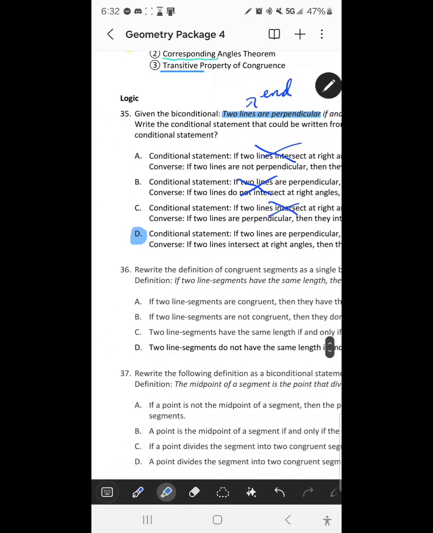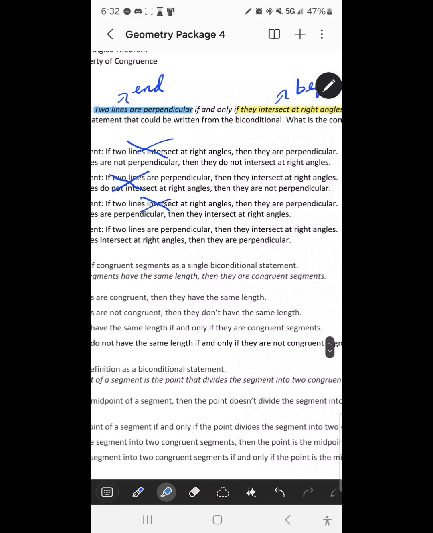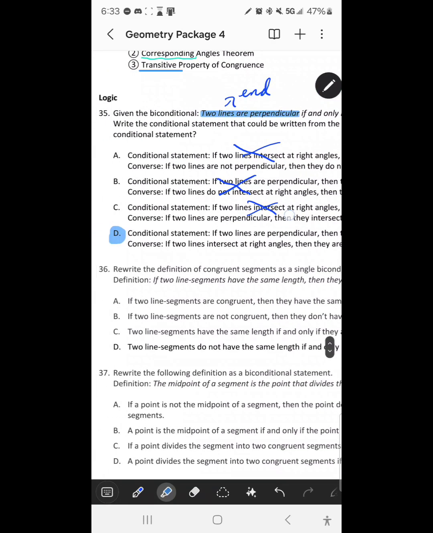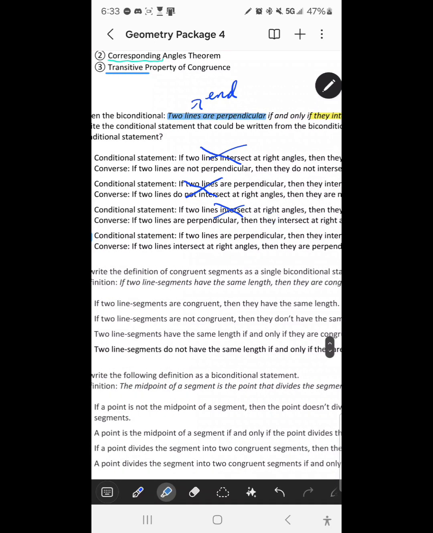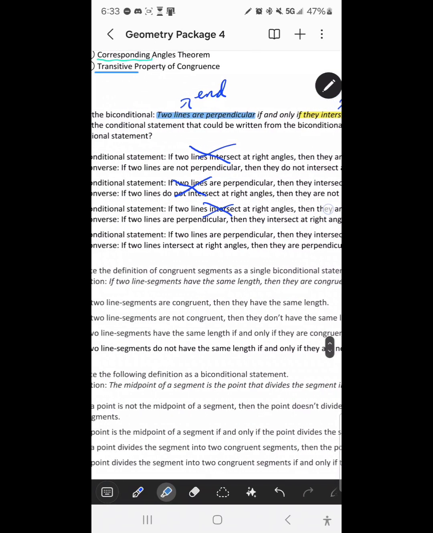Now let's see number 36. Rewrite the definition of congruent segments as a single biconditional statement. If two line segments have the same length, then they are congruent segments.